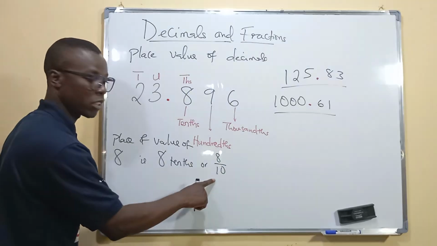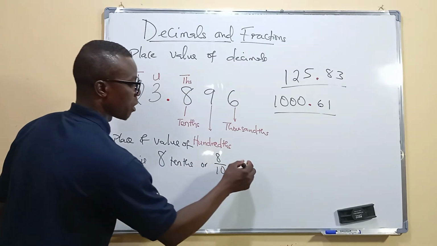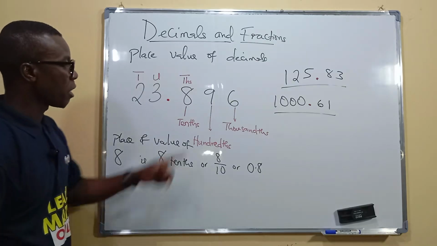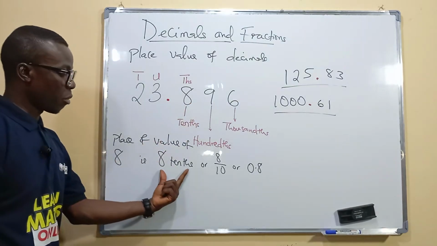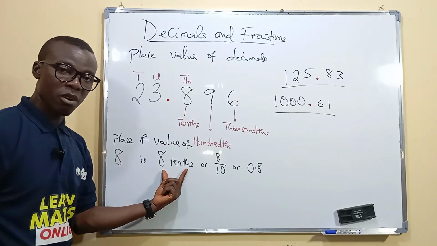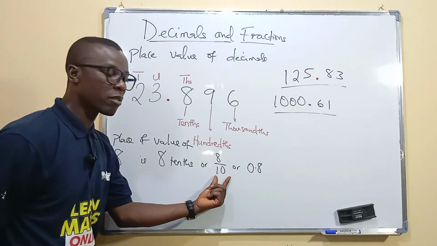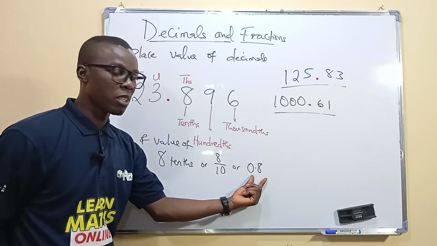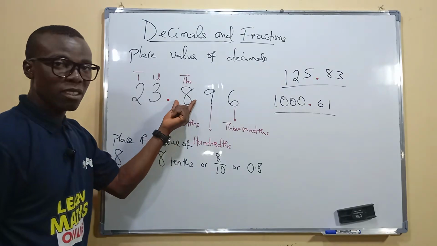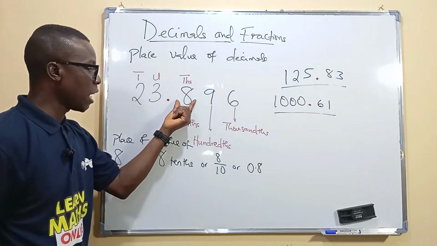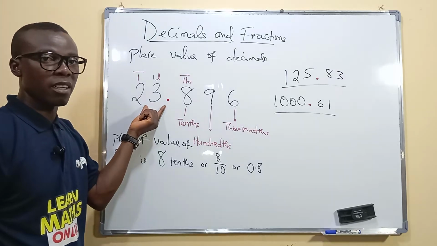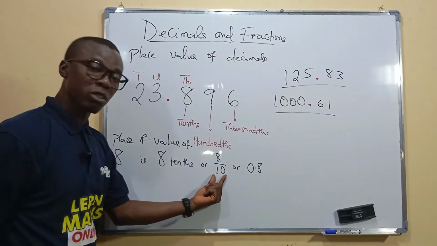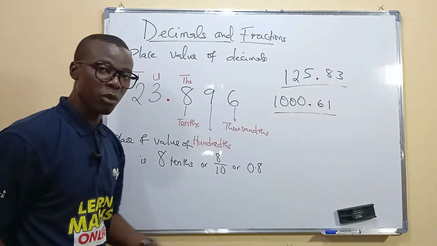That is 8 over 10, or it can be written as 0.8. So if you are asked the place value of 8, when you write 8 tenths, you are absolutely correct. When you write 8 over 10, correct, all the same. When you write 0.8, absolutely correct. That is the place value of 8 in this particular number. So the place value of the digit 8 is 8 tenths or 8 over 10 or 0.8.